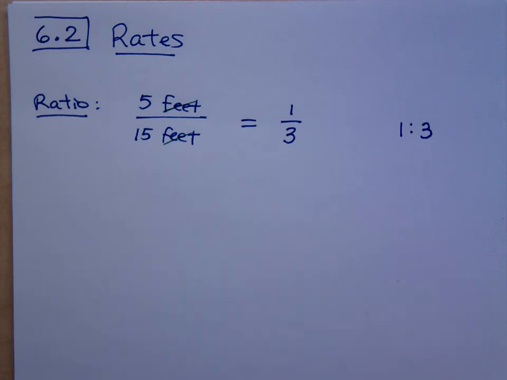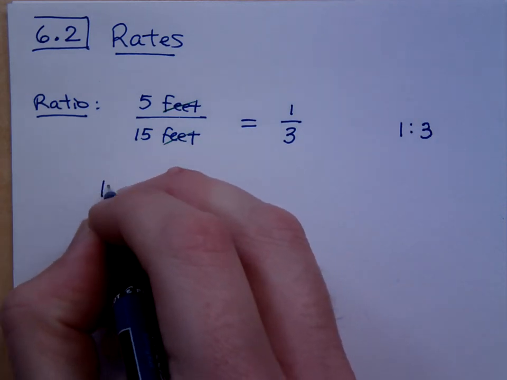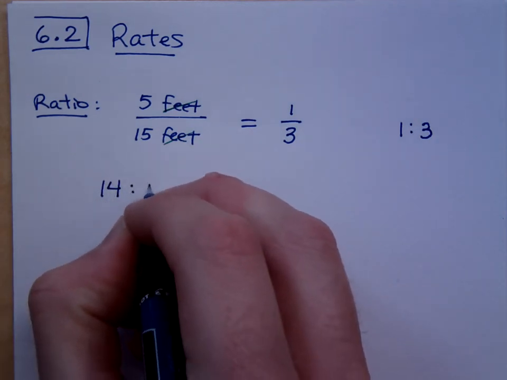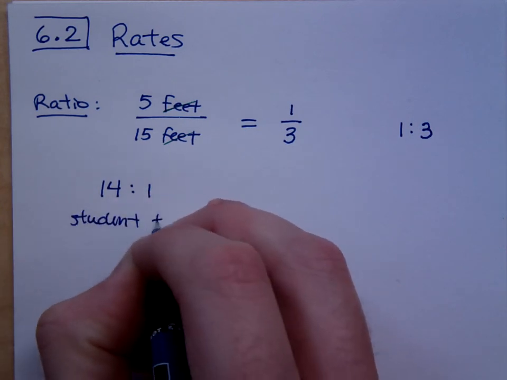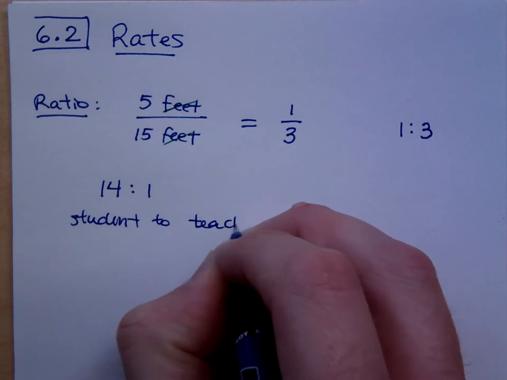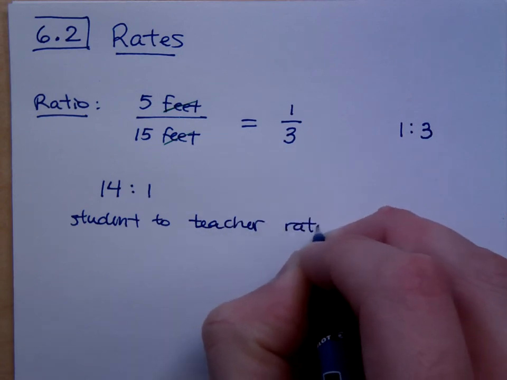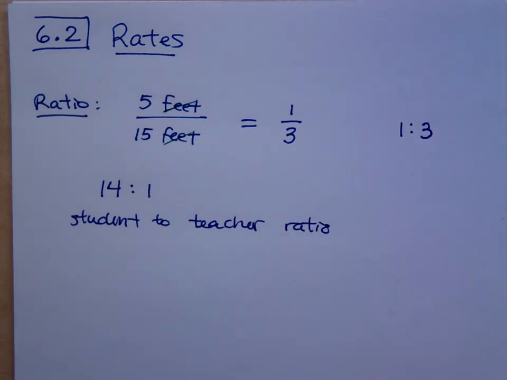And a lot of times we want it to be a lower student to teacher ratio, right? So you might see something like this. The student to teacher ratio is, say, 14 to 1. And the units that we're measuring here are people. That's why we don't have units listed, because they're the same, 14 to 1.